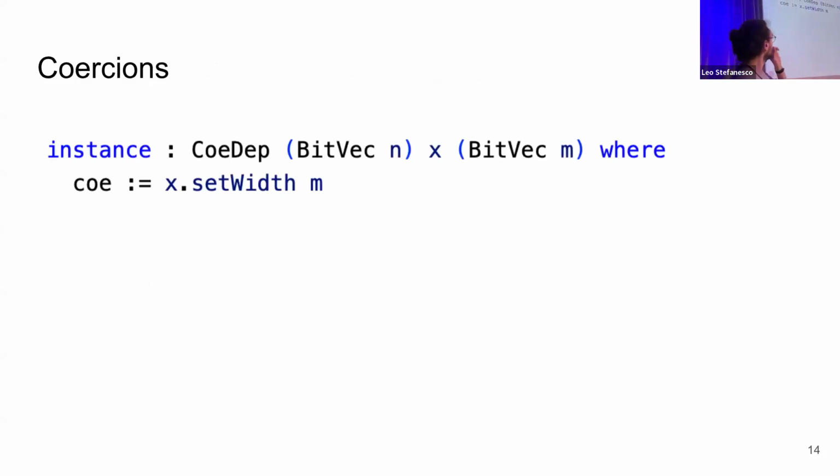To not re-implement the type checker, we have this slightly cursed coercion, which says that if I have a bit vector of size n, but Lean wants a bit vector of size m, we just change the width, and we hope it never happens. We hope that whenever this instance is called, n and m are not necessarily definitionally equal, but they will be equal.